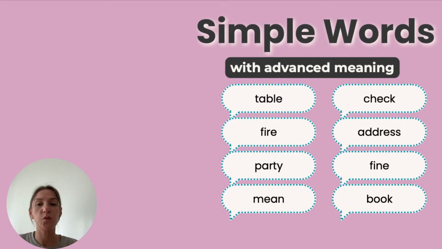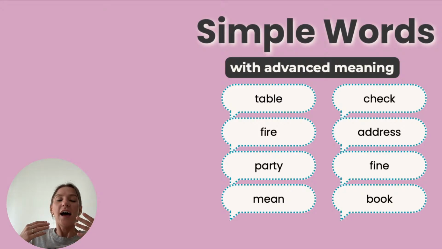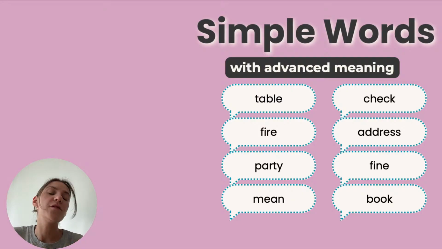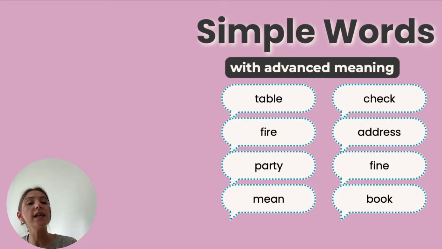So this is what we are going to do today. We are going to learn how to use these simple words that you can see on the screen right now, like table, fire, party, mean, check, address, fine, and book, in advanced contexts.